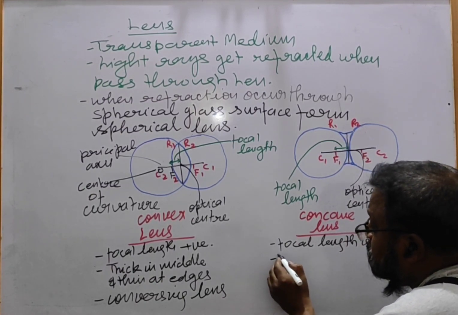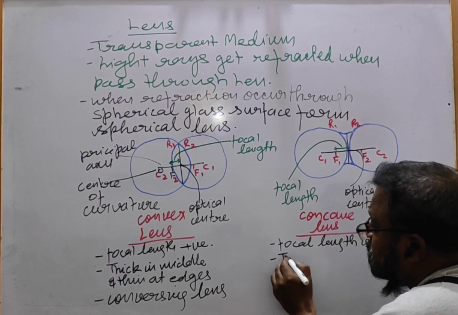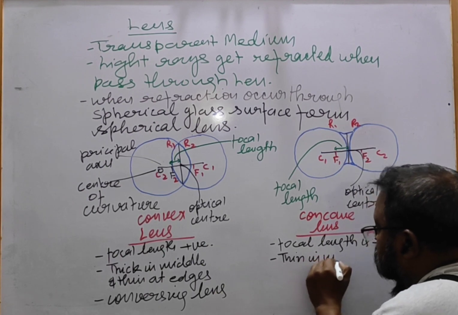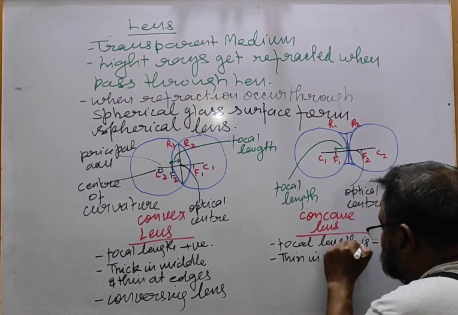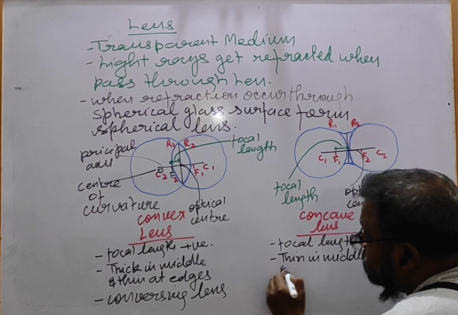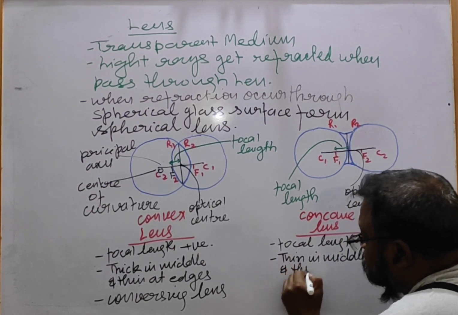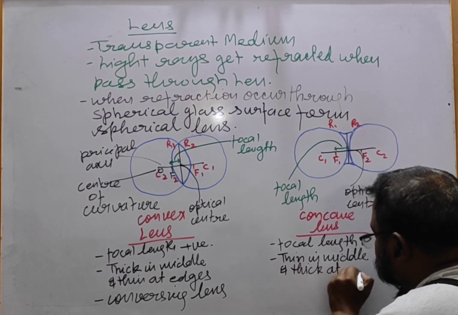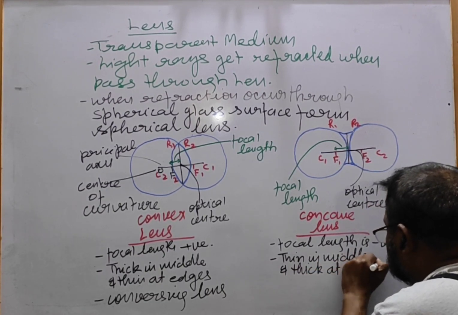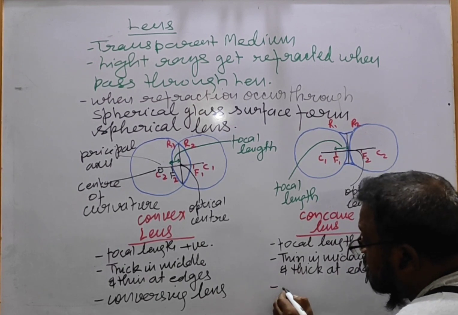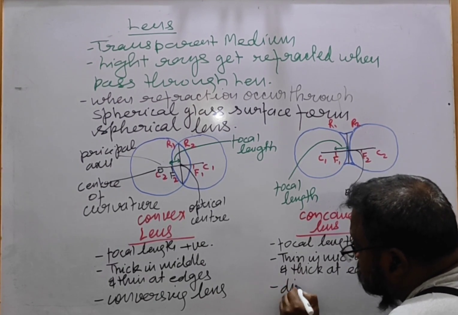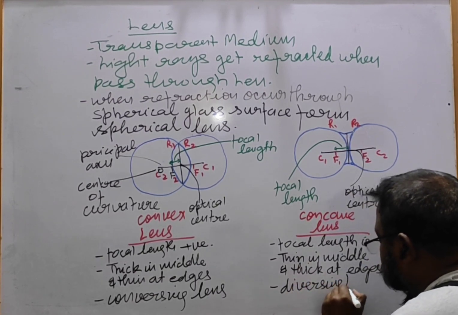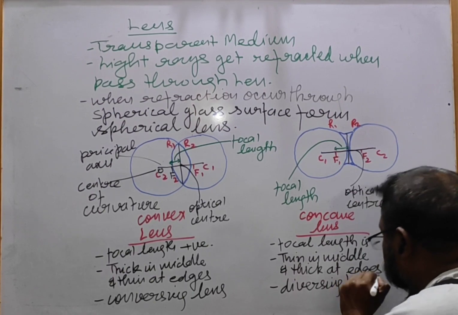They are thin in middle and thick at edges, right? And they are diverging lenses, right? This much you have written.